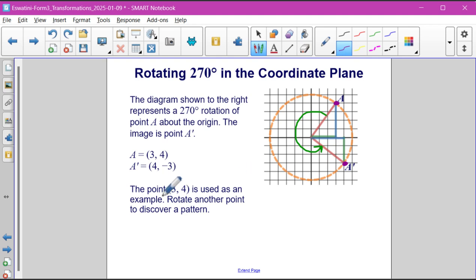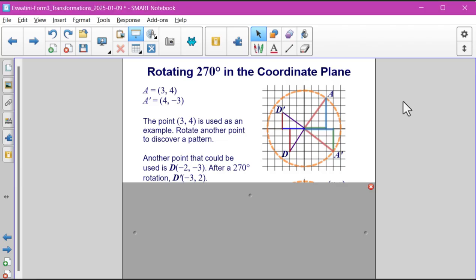This point is used as an example. Rotate another point to discover a pattern. Another point that could be used is point D, negative 2, negative 3, down here. After a 270 degree rotation, anti-clockwise or counterclockwise, we end up at D prime, right here, which is negative 3, 2.